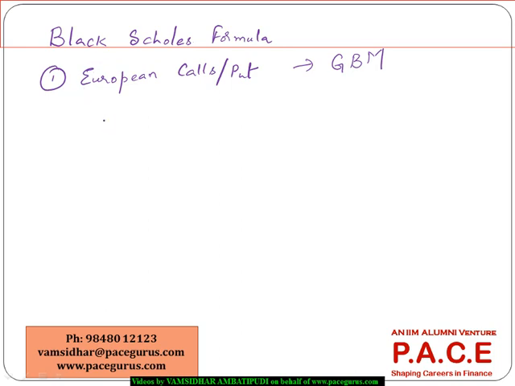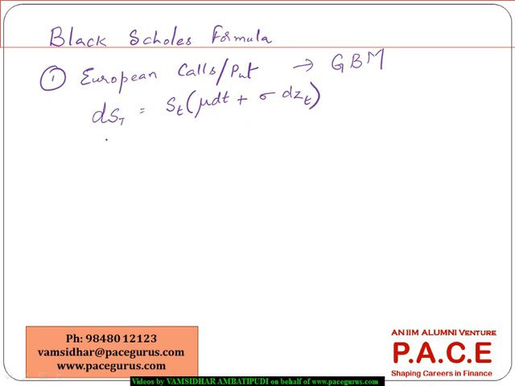So whenever I'm looking at the European call option, because the share prices follow a geometric Brownian motion, I can say that the change in the stock price is something like the stock price multiplied by mu dt, which is a drift factor with respect to time, plus a volatility factor following a standard Brownian motion.